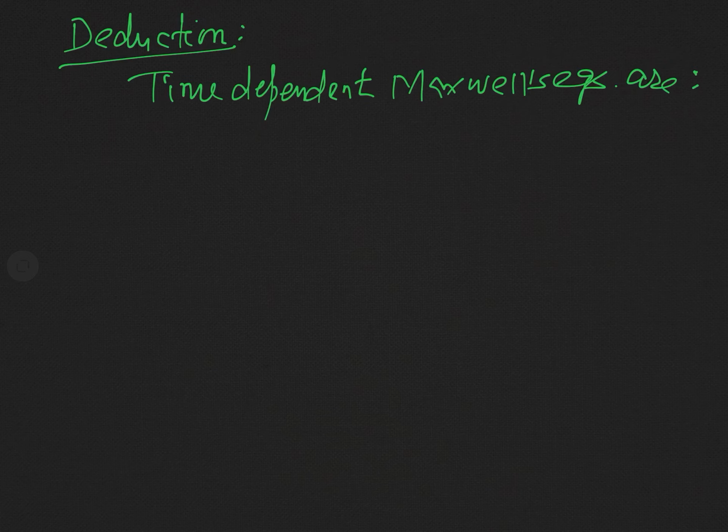You have already studied Maxwell's field equations in previous lectures, and you know the time dependent Maxwell's equations are: the first one is curl of H equals J plus del D by del t.